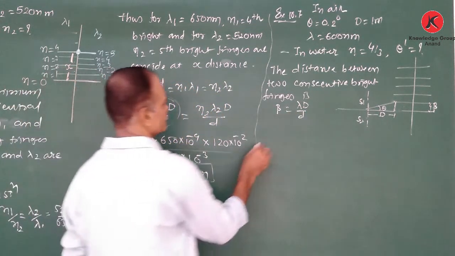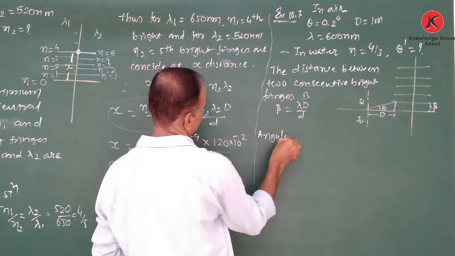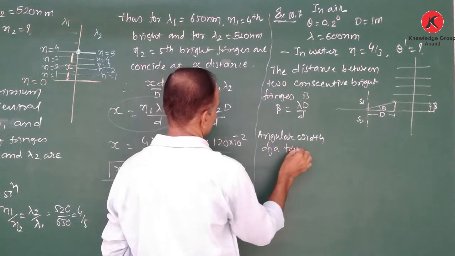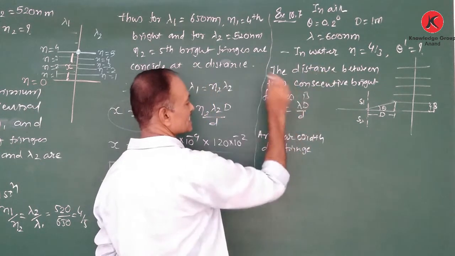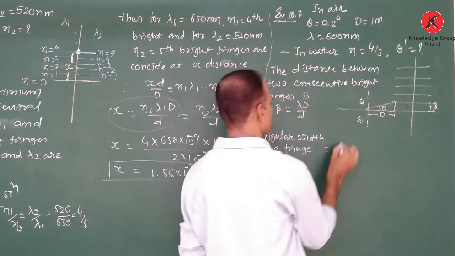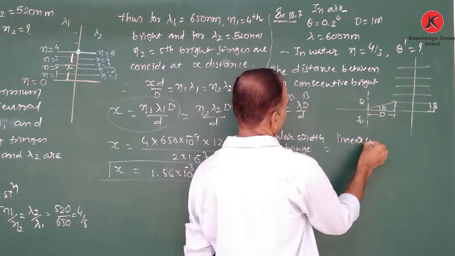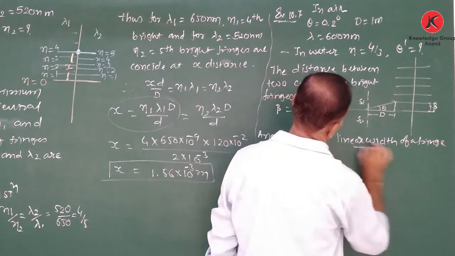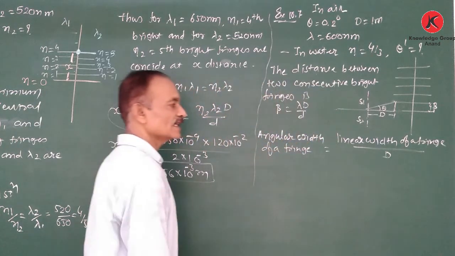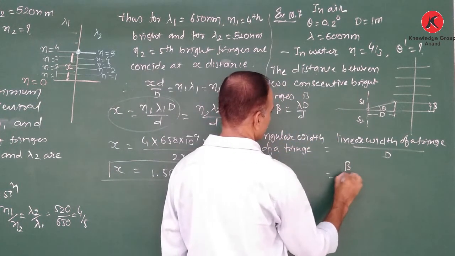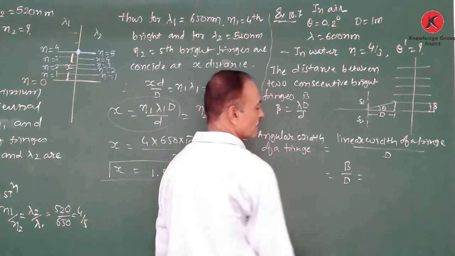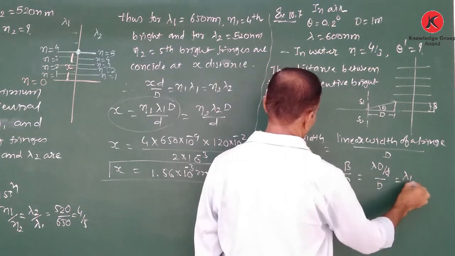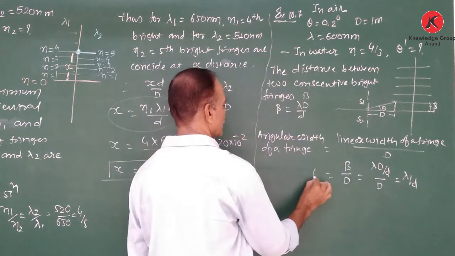Therefore, the angular width of a fringe, and this distance is known as the linear width, is equal to the linear width of a fringe upon the distance of the screen. So it's equal to beta upon D. Beta is equal to lambda D upon small d, upon D. That means lambda upon d. That is our angular width theta.